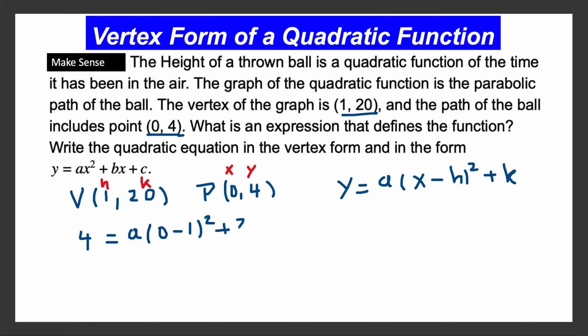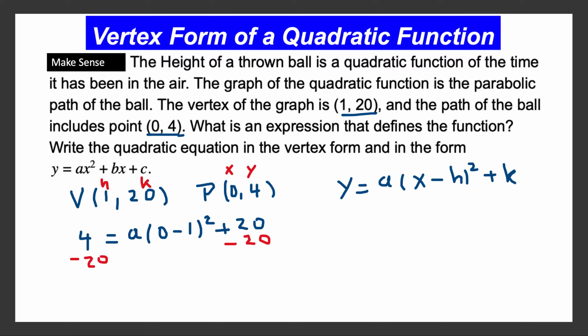So now we are going to solve this problem. Because we are solving for a, we isolate a on one side. So I'm going to subtract 20 from this side, and 20 from the other side.